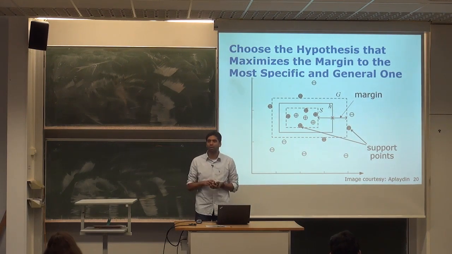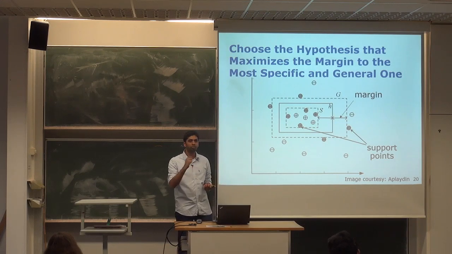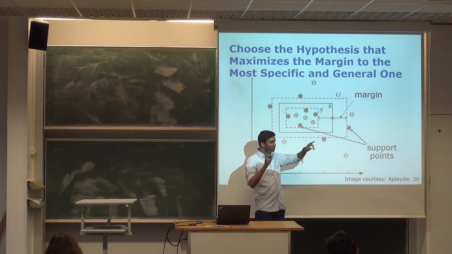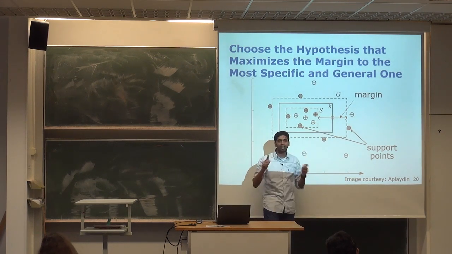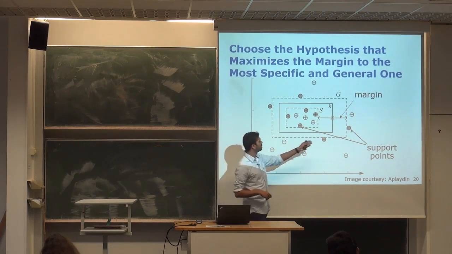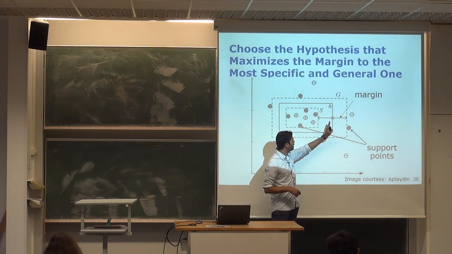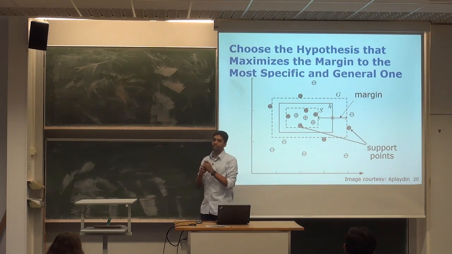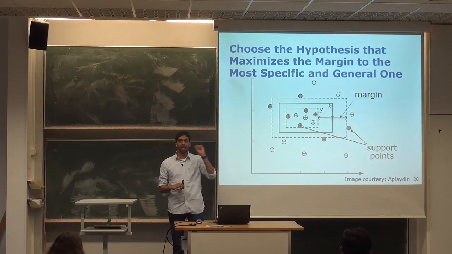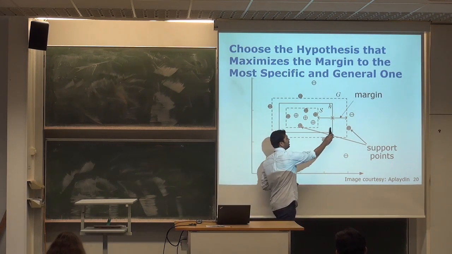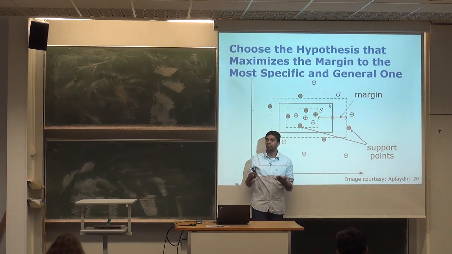So given no additional information, one way to fix this box is what's called maximizing the margins. Essentially, it means find the middle ground in between these two boxes. Margin is somehow the distance between the edge of the box to a positive example and the same point to the negative example. So the idea is you would like to move, for example, this line here such that the margin is maximized.